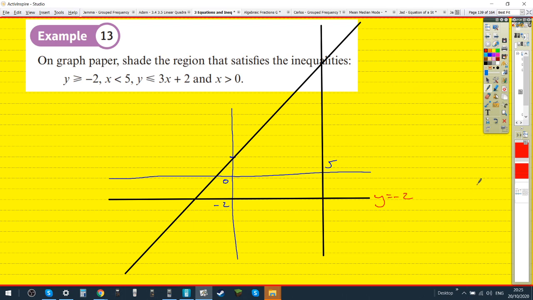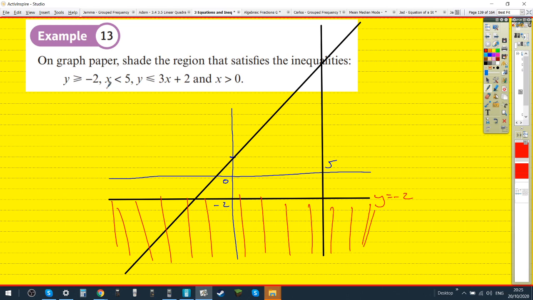Where is y less than -2? Anything below that. Yeah, so that's the bit we delete because we need y bigger than or equal to -2. Okay, x is less than 5, so delete x is greater than 5. Where would that be? Far right. Yeah, to the right of the x equals 5 line.